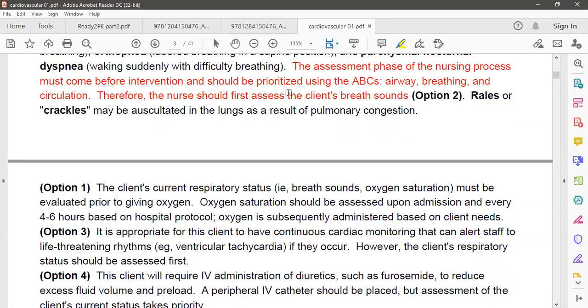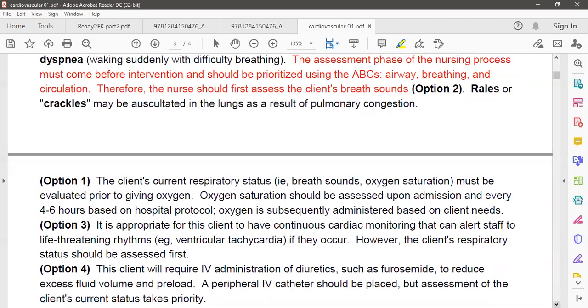The assessment phase of the nursing process must come before intervention and should be prioritized using the ABC: airway, breathing, and circulation. A stands for airway, B stands for breathing, and C stands for circulation. Therefore, the nurse should first assess the client's breath sounds. Very important for our NCLEX board.